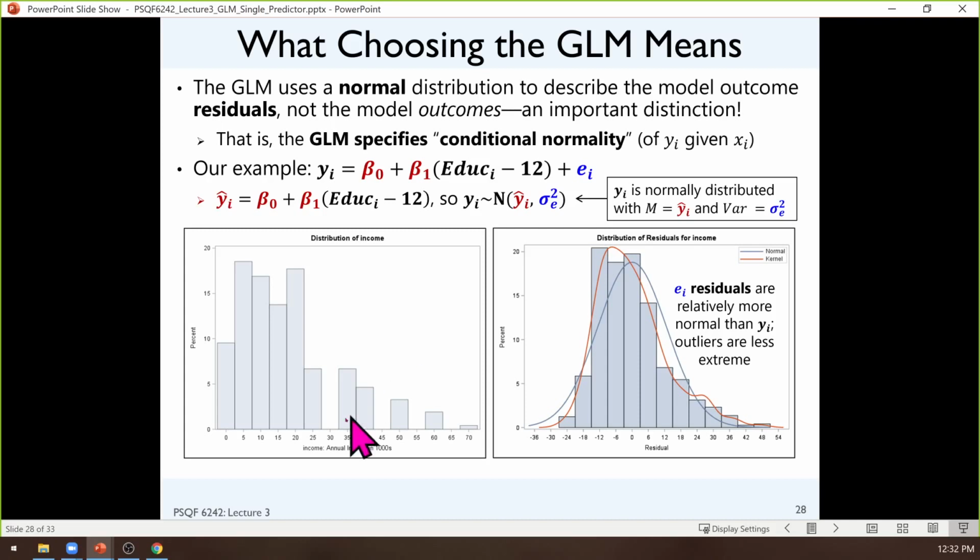So you can't tell just from looking at an outcome whether or not the residuals are going to be normal. If you think about an extreme case, if you had two groups that were super different from each other, like a control group versus a treatment group, and the treatment absolutely worked in terms of the outcome, what kind of shape would you expect if you just made a plot of what the outcome histogram would look like?